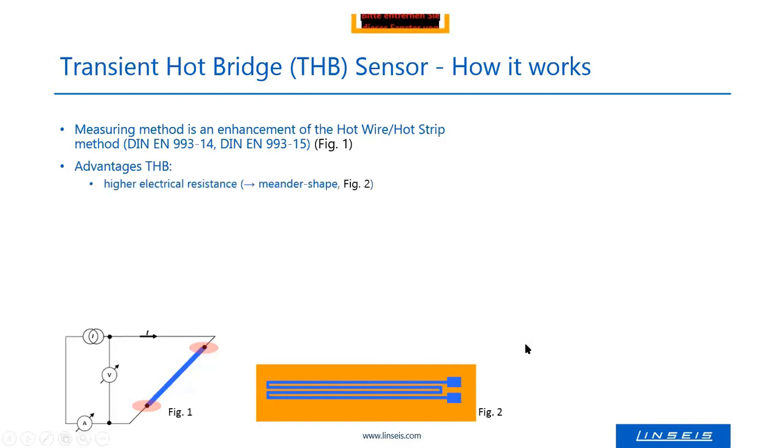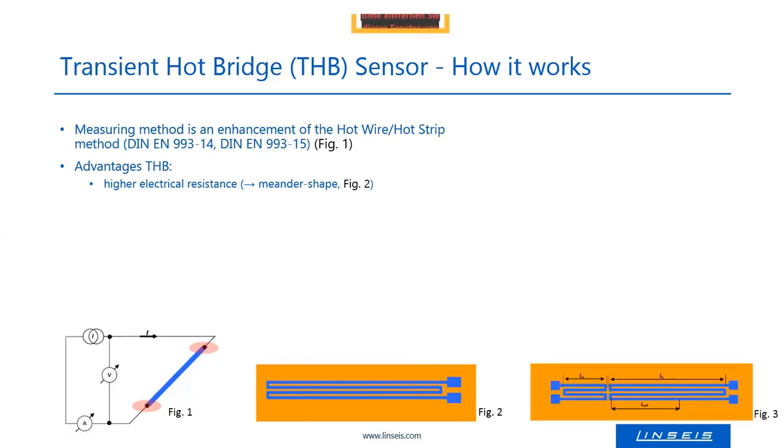And this meander shape increases the resistance because the wire is longer, and also the delta, the change of the resistance during the measurement will be higher, so the signal will be higher with a longer wire. But this is not so spectacular.